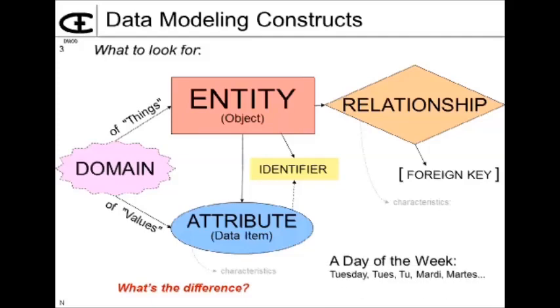Let me consider this distinction between the things in the world that we're trying to model and the strings or the values that we use to refer to them. Okay? This example of the day of the week. Are those all the same thing? They are.